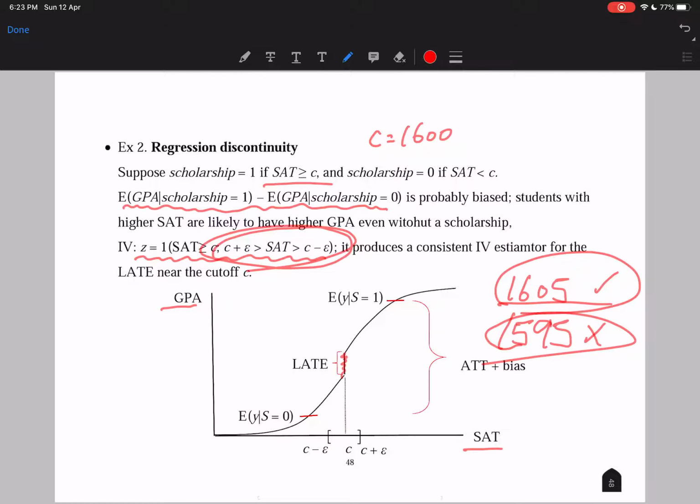Because we know this instrument is definitely not exogenous for the whole sample, right? People around here definitely have much lower academic ability than people here. But the assumption is that around the cutoff, here below and above, they are very similar, and we can use that as an instrument. Okay.